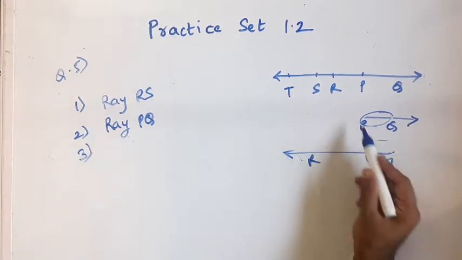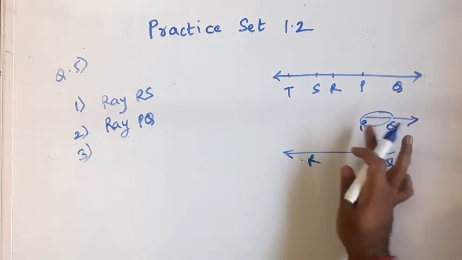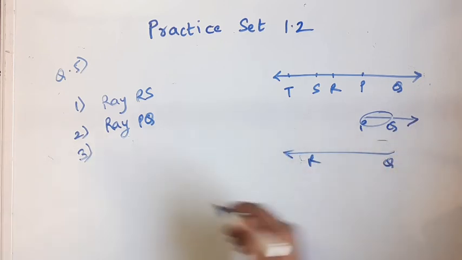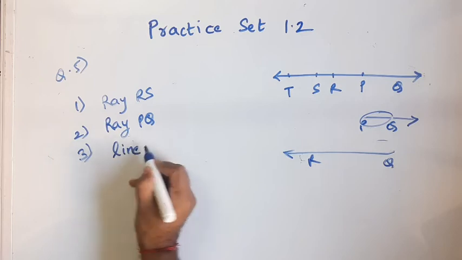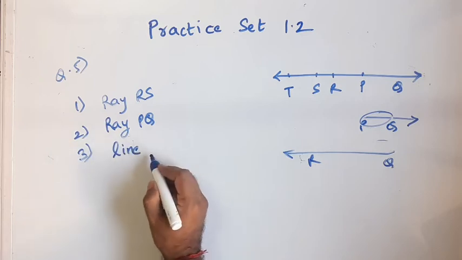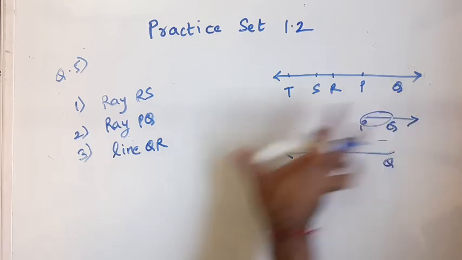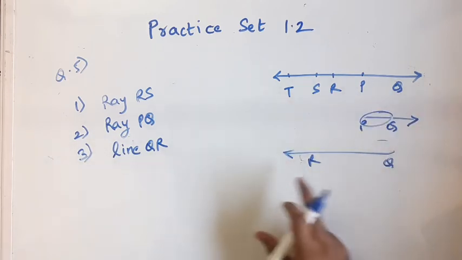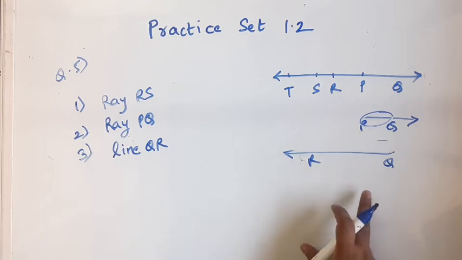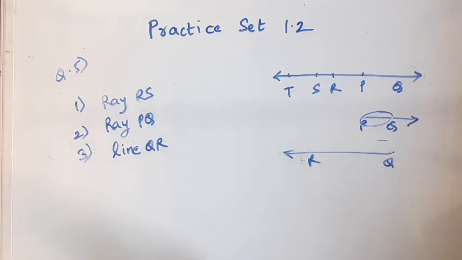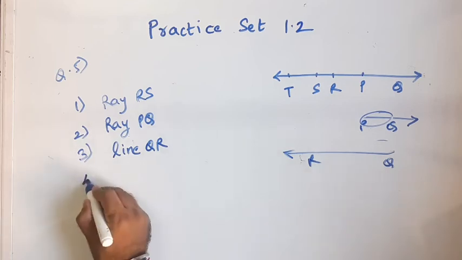It will be ray and ray, two rays here. If you see, it will make up a line. I will call this line QR. They have not asked the intersection, they have asked its union. So even though answers may differ, the correct answer is line QR.